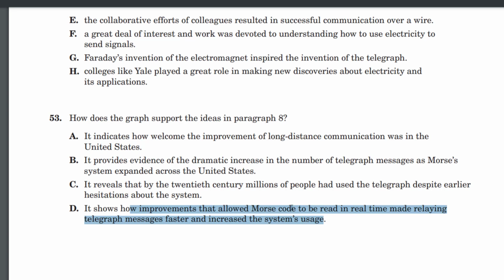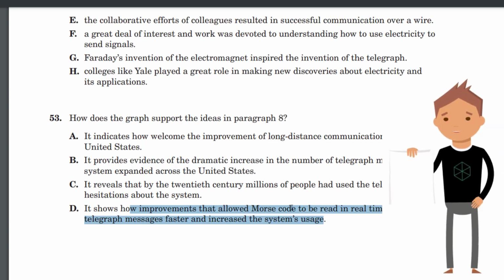So again, make sure you're careful of what the graph does not tell you. What is seemingly plausible, like there are millions of users. Well, that's not the data in the graph. Or they welcomed it, or there are improvements in the system. Those also seem plausible as explanations of the growth, but that's simply not in the graph.